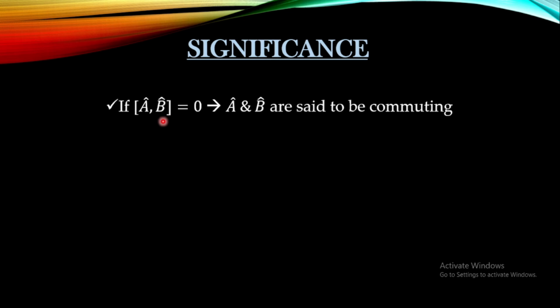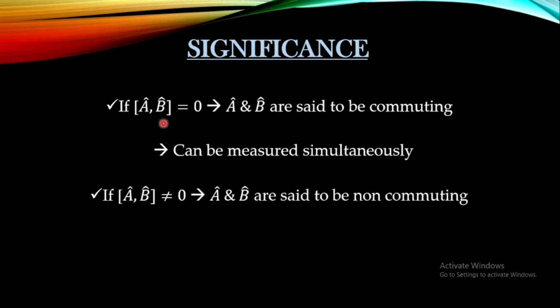So what does commuting actually mean? The simple meaning is that these two operators can be measured simultaneously. If you take any time, let us say t, then at the same time t, the operator A cap as well as the operator B cap can be measured. And if A cap and B cap, their inner product, is not equal to 0, that is, it has some constant value or any other value except 0, then A cap and B cap are said to be non-commuting.